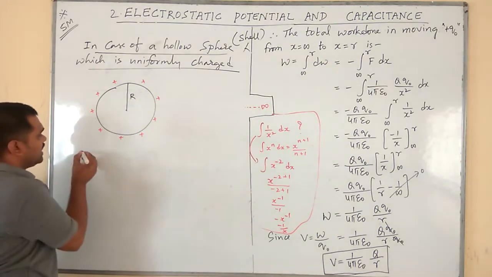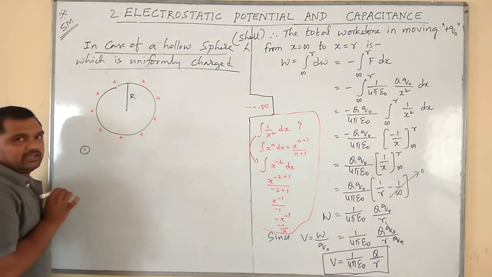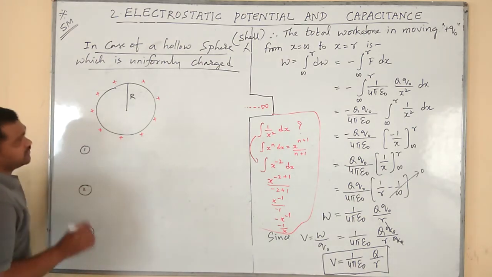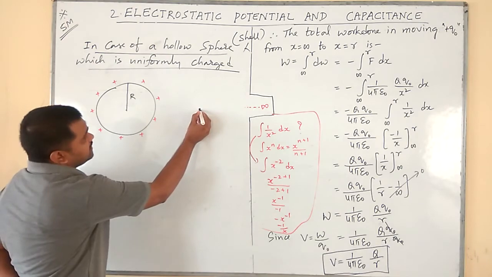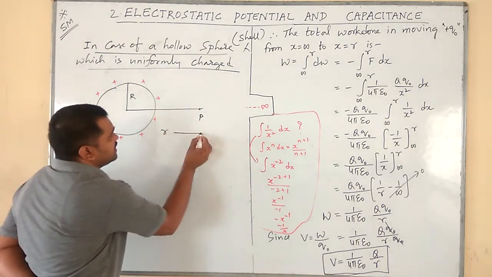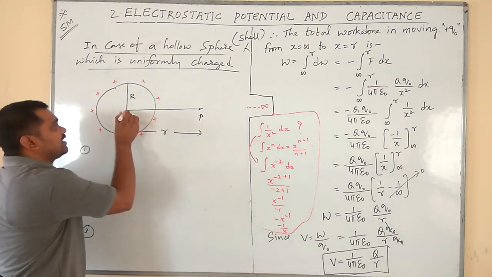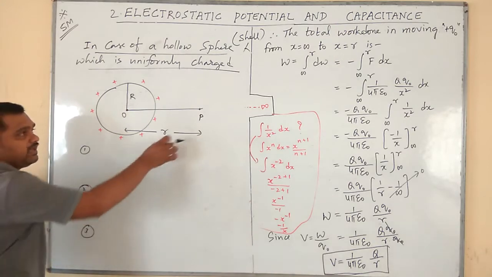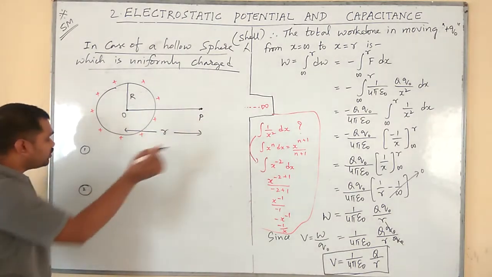Now I will tell you three formulae. Just try to remember them. First one. Say for example, at some point P, at a distance of small r from the center, suppose O. What is the electric potential at P? The point P lies outside.